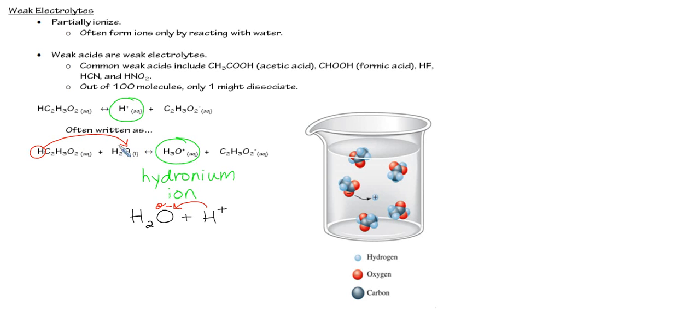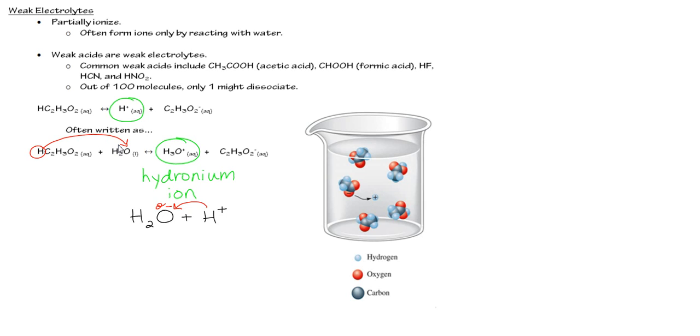Opposites attract. So on the product side, they'll often write it as H3O plus, the hydronium ion. And then we've got this negative acetate ion. Either is the sign of an acid, whether the hydrogen is free floating or whether the hydrogen is attracted to the water molecule.